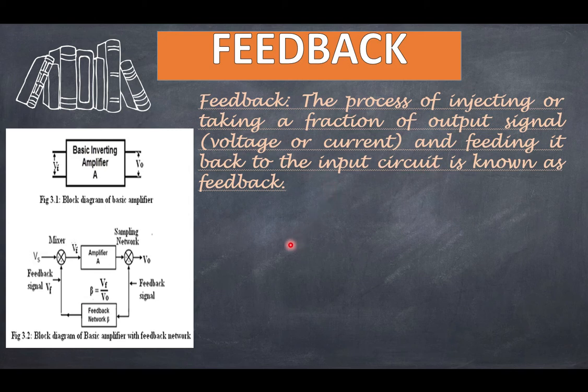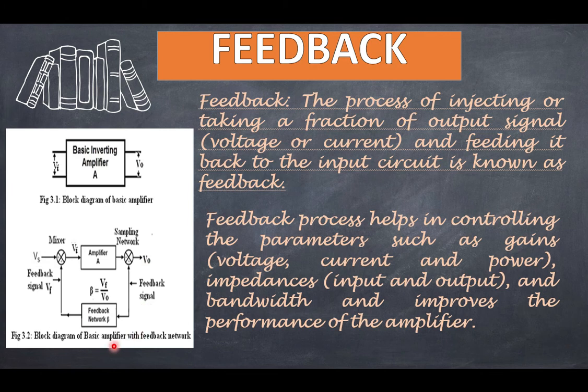So here when I connect like this, the signal may add to the input or subtract from the input. Depending on that, we say what type of feedback network it is. This feedback process helps in controlling the parameters.